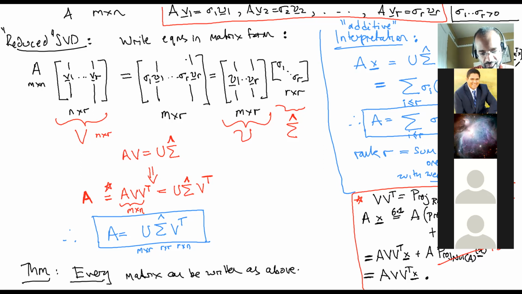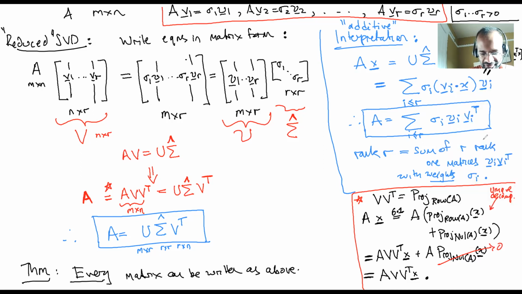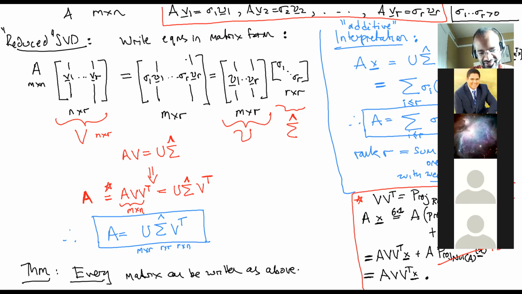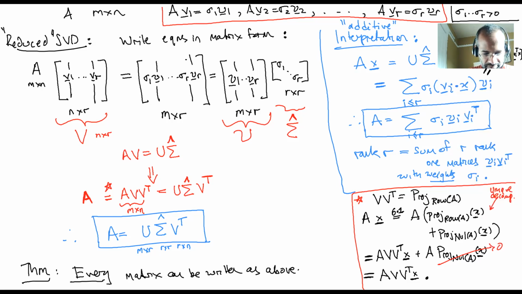Therefore its rank is 1. You can also see it because if you multiply U_i V_i transpose times X, you always get a multiple of U_i. So the column space is just the span of U_i, and the rank is 1. Oh, okay. Thank you, Professor.